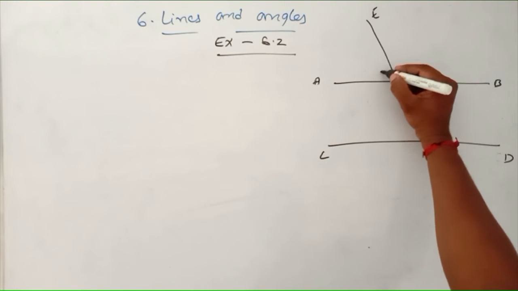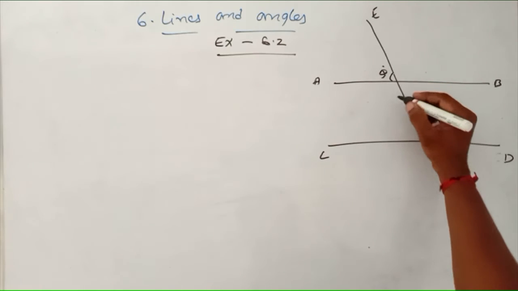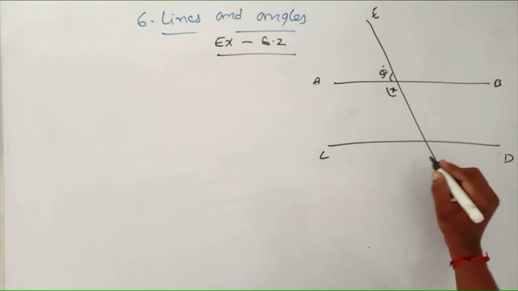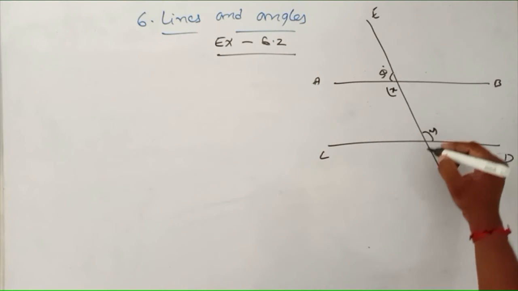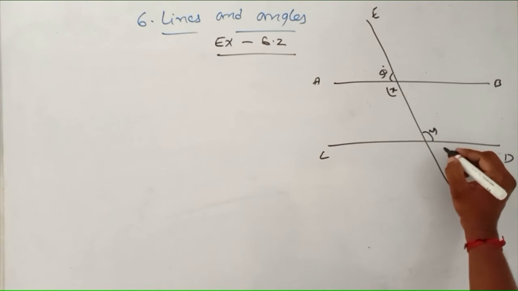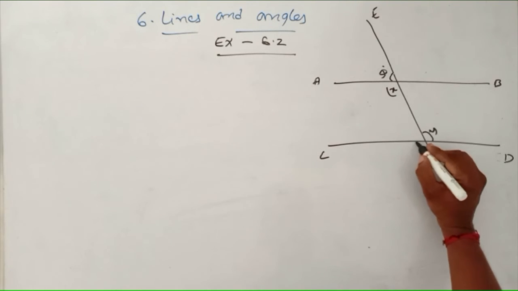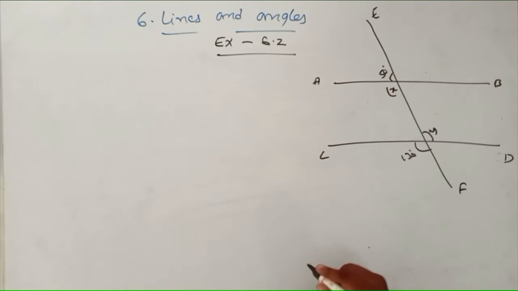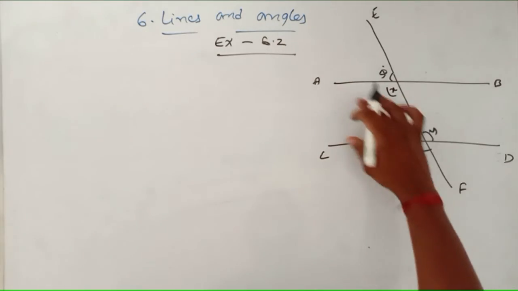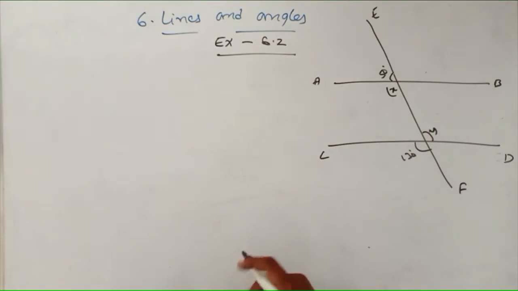Now one angle is given, 50 degrees. Next I need to find x and y, and one more angle is given, 130 degrees. Based on this data, I have to prove that AB is parallel to CD.